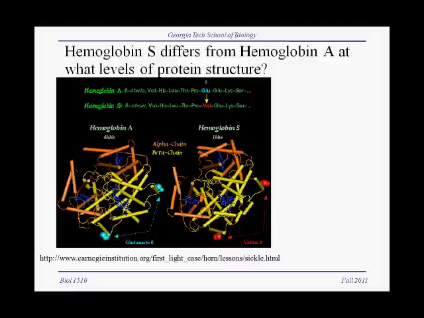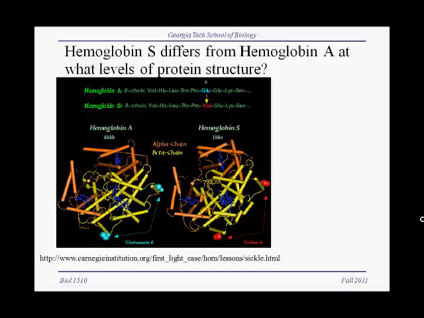If we take a detailed look at the structure of sickle cell hemoglobin, what we see is that it is caused by a single amino acid change in the beta globin chain. Where normal hemoglobin has glutamic acid as the 6th amino acid in the beta globin chain, in the sickle cell mutation, the glutamic acid is replaced with a valine.